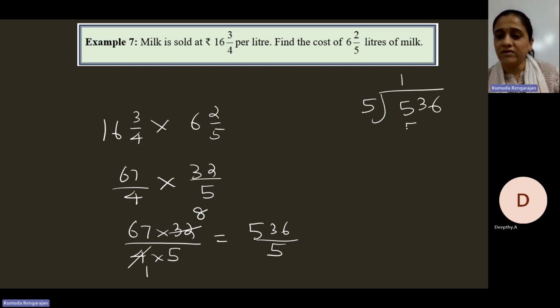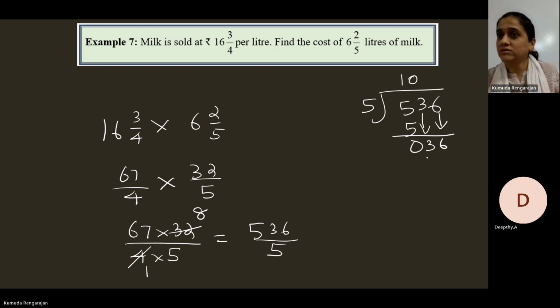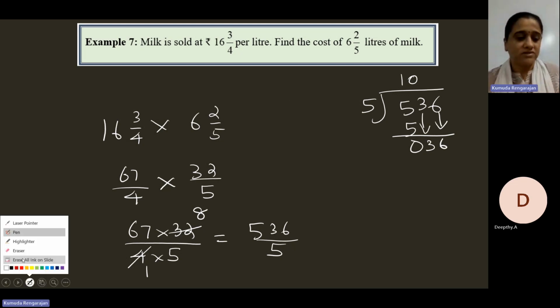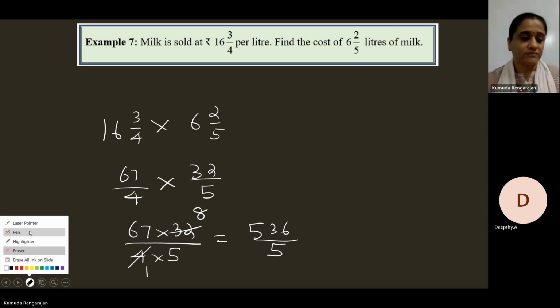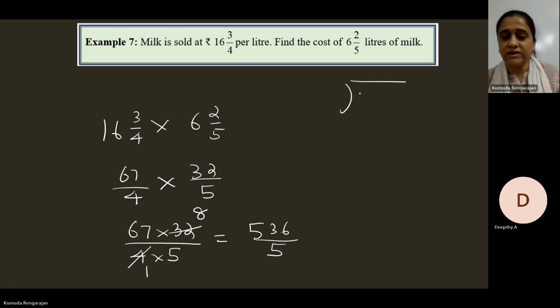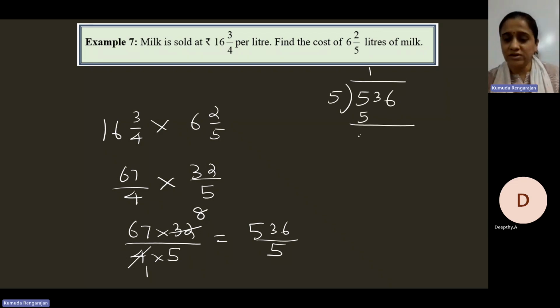Let's do this again. See, how do we divide? 536 divided by 5. 5 ones are 5, 0 is the remainder. 3 comes down.